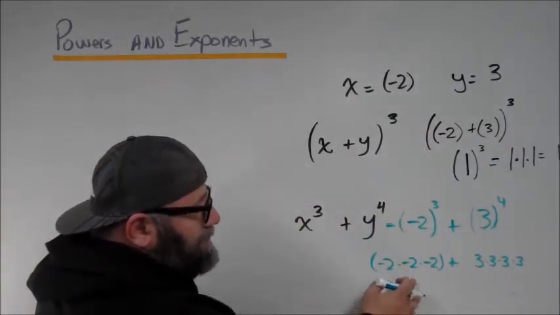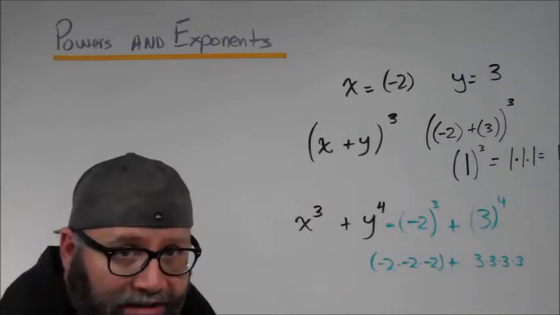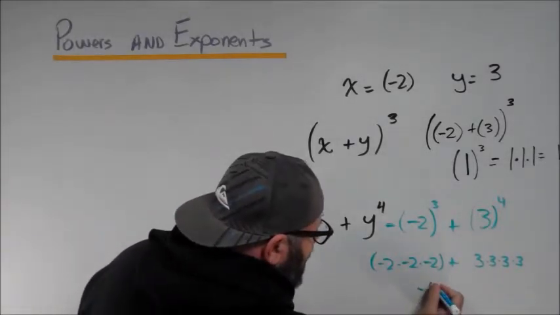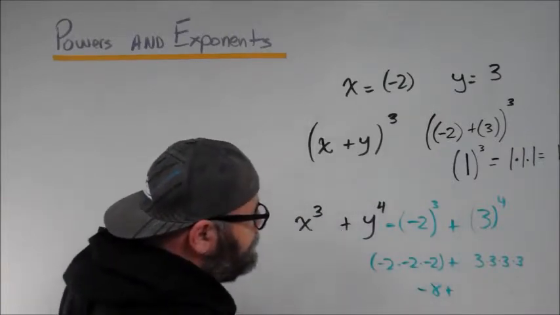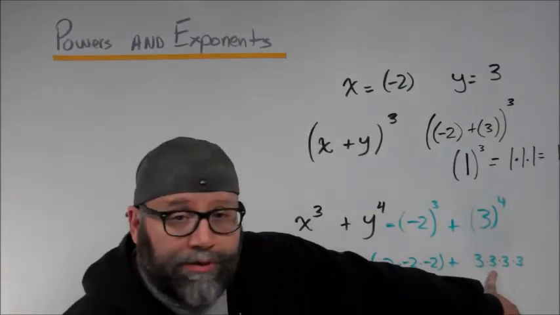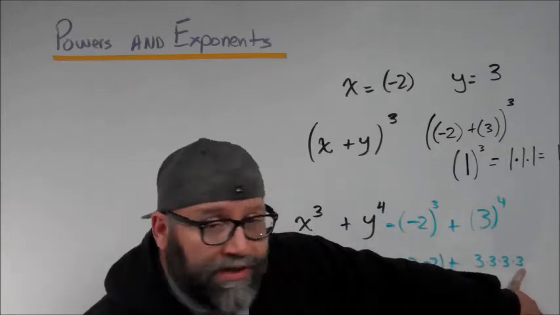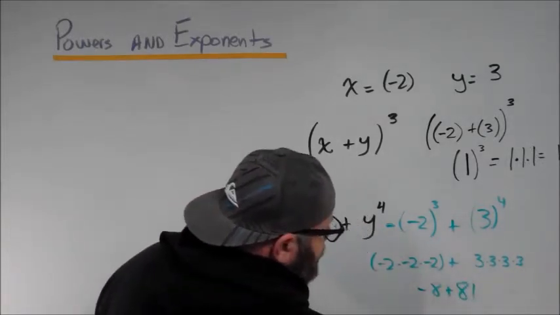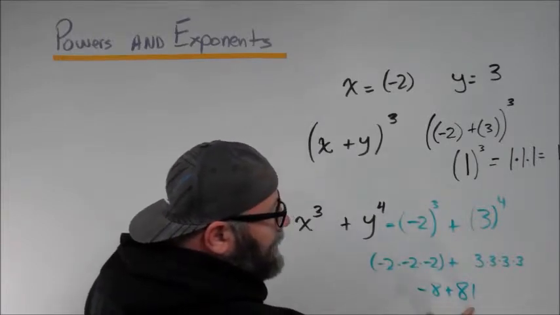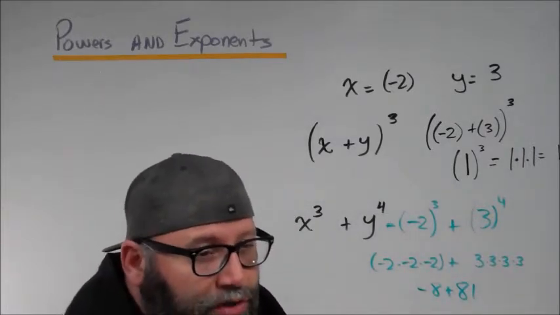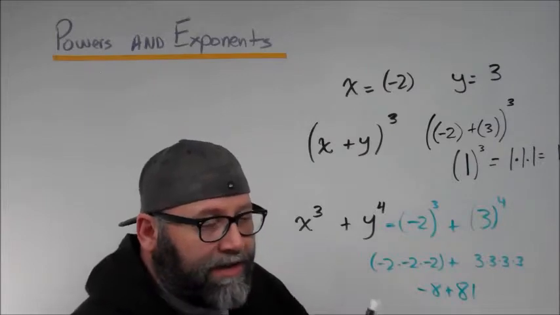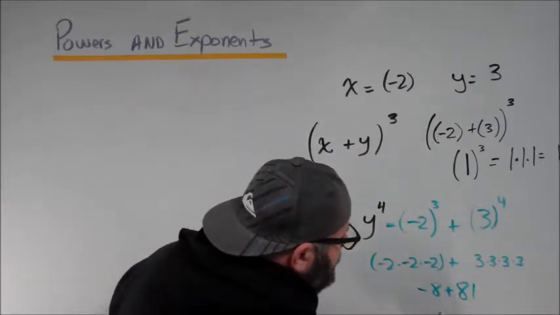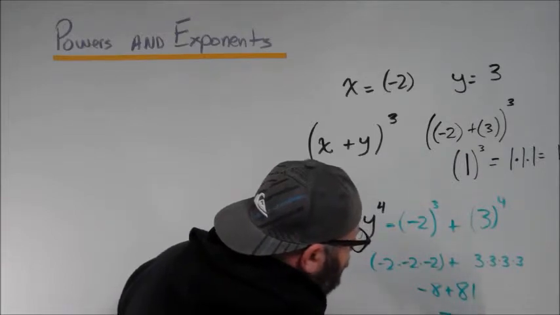All right, -2 times -2, going back to 7th grade, that's +4. +4 times -2 gives us -8 plus 3 times 3 is 9. 3 times 3 is 9. 9 times 9 is 81. -8 and 81. When I combine those two, they're going to battle, right? So we're going to have 8 fewer than this one here. So that value is 73.